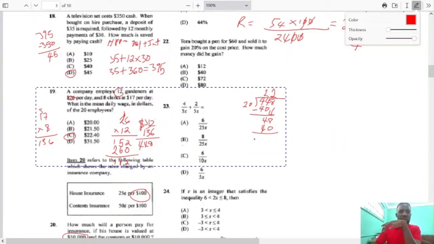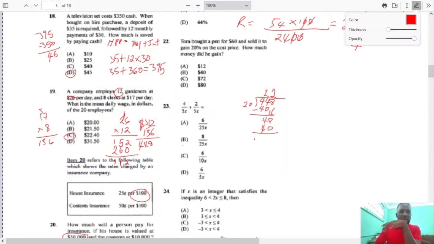All right, so moving on to this question, number 23 says 4 over 5x plus 2 divided by 5x. Again, here we have a situation where the common denominator is already 5x.